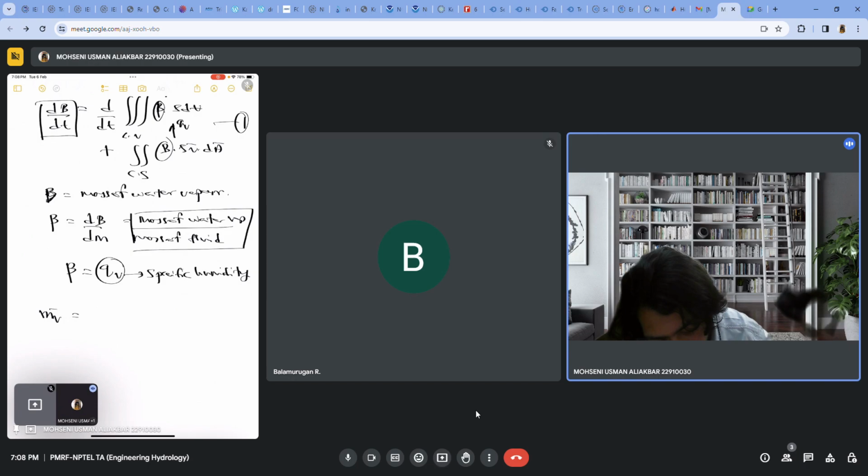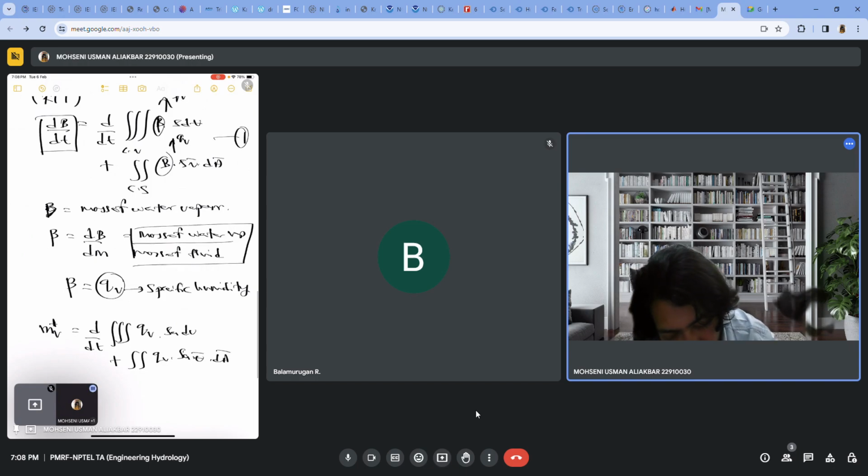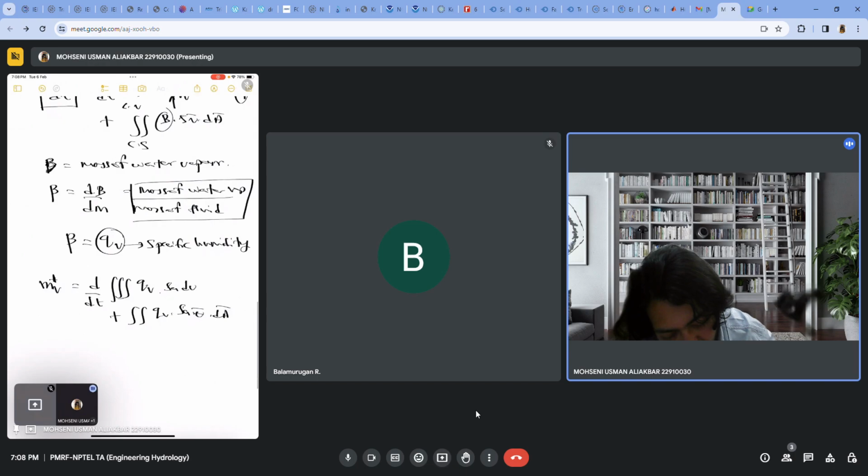So we are calling it mv dash, and mv dash is nothing but d by dt of the volume integral of QV rho a dV plus the double integral of QV rho a V bar into dA. So we have changed equation 1, the Reynolds transport theorem, along the atmosphere, and we have got a new equation.